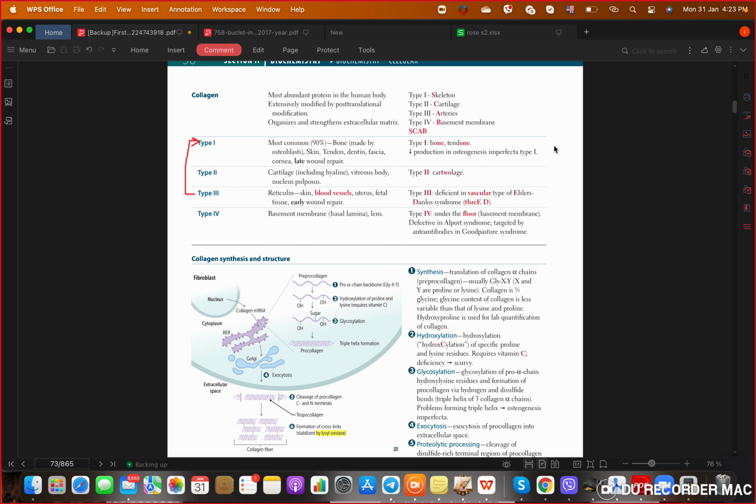So Sonic Hedgehog, like the cartoon, I don't know if you watch it. So, the nucleus pulposus is in the middle of the vertebral disc. Okay, good. So what does Sonic Hedgehog do? It leads to conversion of the ectoderm into a neural tube.